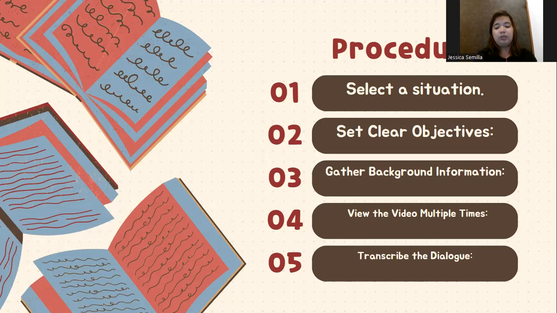After that, you are about to transcribe the dialogue, based on your interpretation of the situation and the background information that you researched about the people, trying to characterize within the situation. Remember, the situation that you are about to take is not scripted. It's the usual day-to-day activities that you're about to analyze.